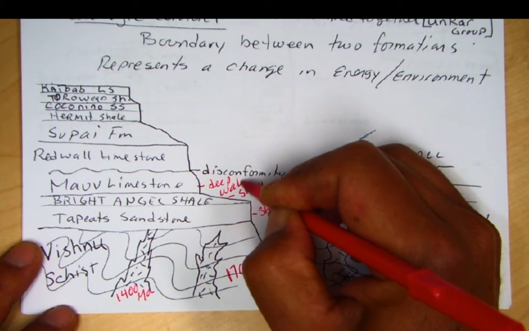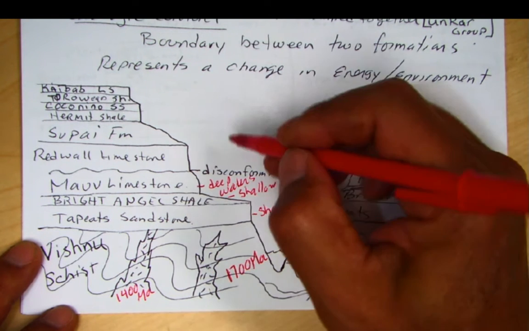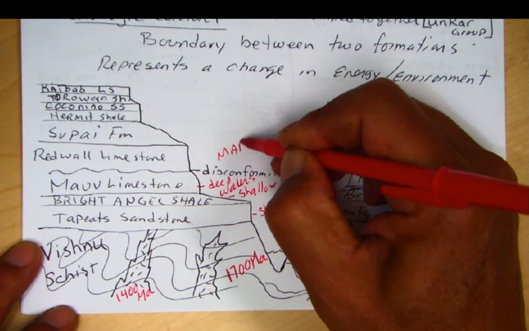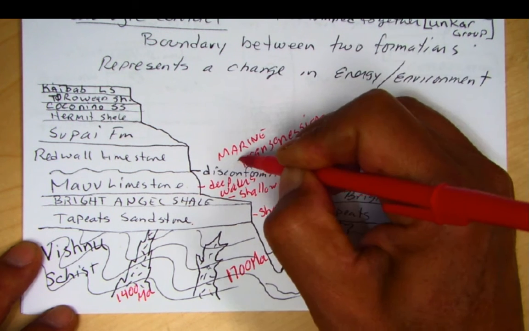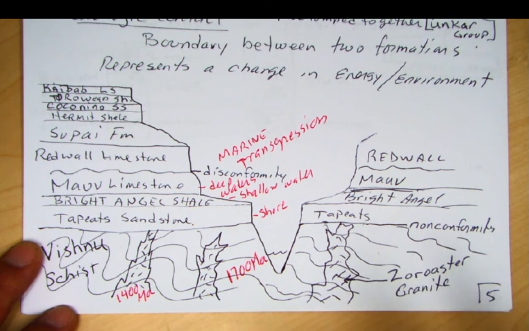So what we find just in the sequence from Tapeats to Bright Angel Shale to Muav Limestone is one of those marine transgressions, where sea level has risen. There's a sea level rise. So there's a good example: just those three units in the Grand Canyon group are showing this marine transgression.